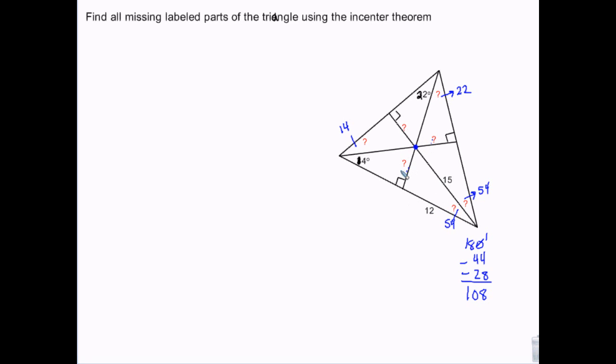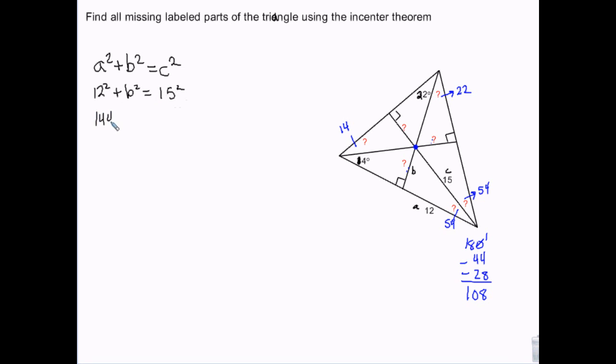I have a 12 and a 15, and this is a right triangle. And so what do I know about a right triangle? You guys remember that guy? Pythagorean theorem. So if this is A, and this is B, and this is C, 12 squared plus B squared is equal to 15 squared.